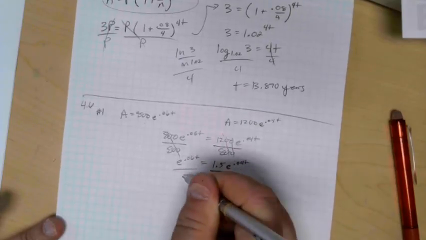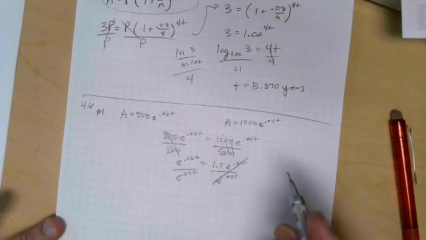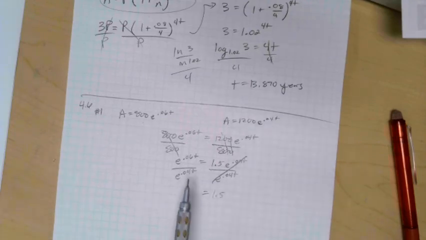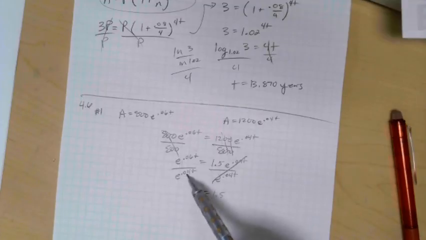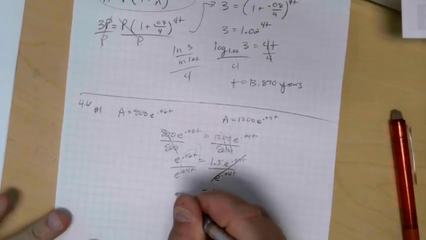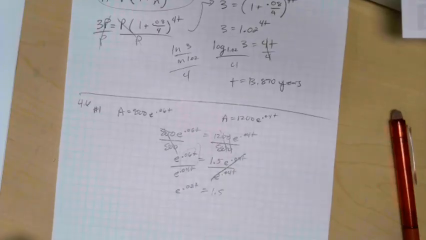Check this out. That's gone, and I get 1.5 equals. Now, remember when I had a power divided by a power, and their bases were the same? Remember what I could do with this? Yeah, I could subtract the exponents. What's 0.06t minus 0.04t? If you said 0.02t, you would be exactly right.